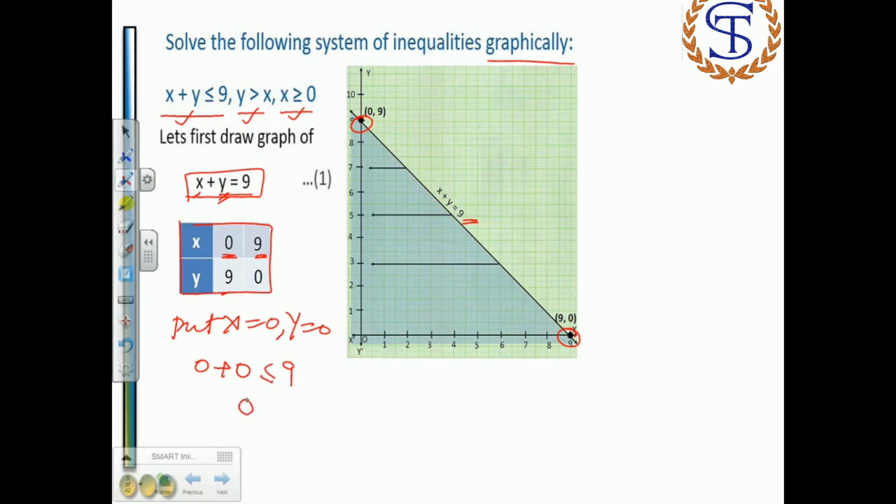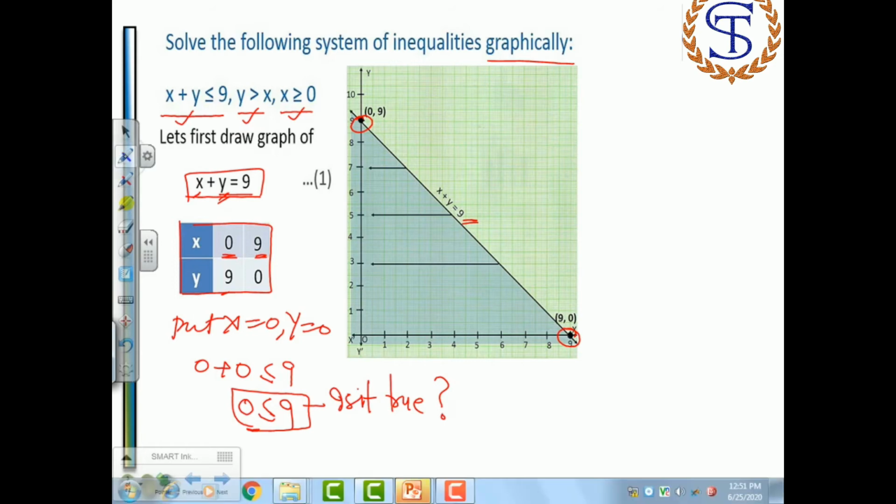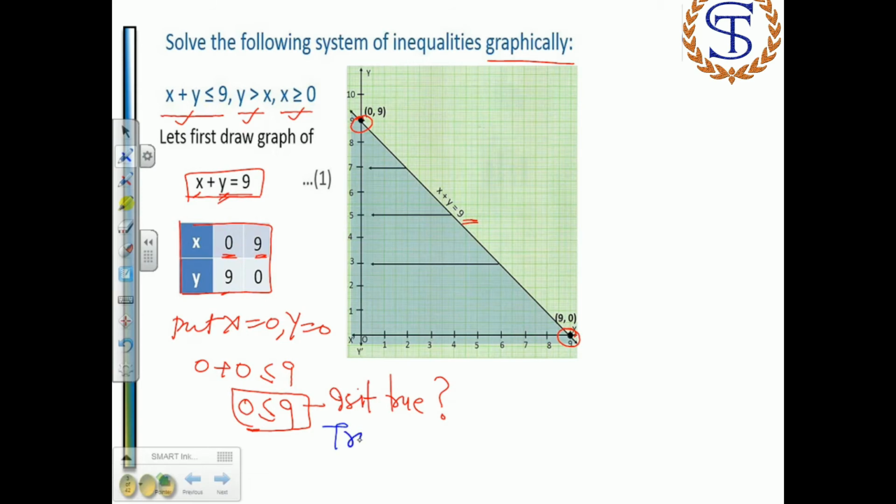Here 0 is less than or equal to 9. Is this particular statement true or false? It is true. Why is it true? Because we know 0 is always less than 9.